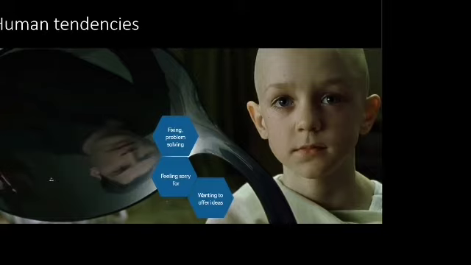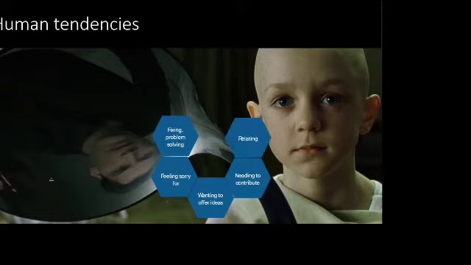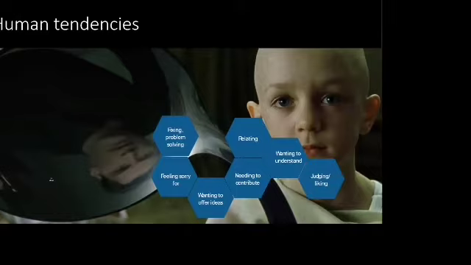Next, we start wanting to offer them ideas. Then we start looking at needing to contribute, because it's our human nature. We always want to be seen and heard, a lot of people. And then we start relating to that person and to that problem that they're going through. Then we start wanting to understand their problem and their concern. We start judging them, or we start liking the situation or the person, of what they are faced with, what they are doing.